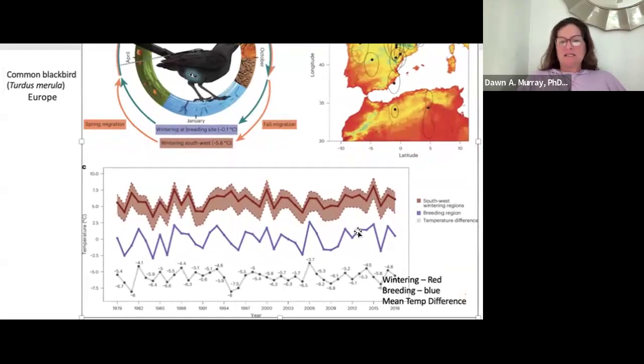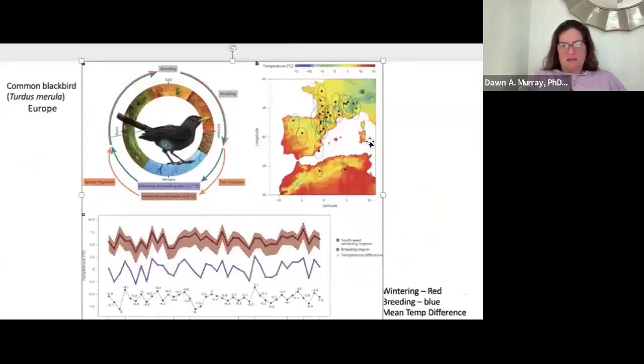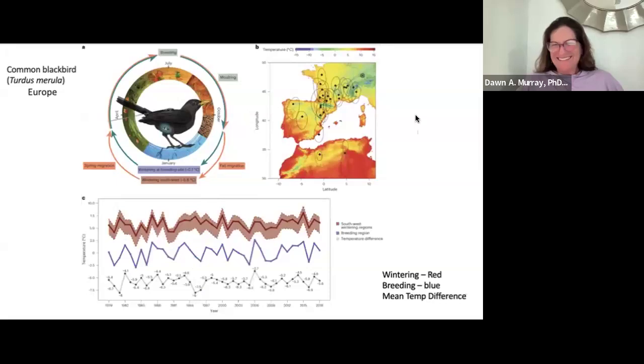And basically, you can see that at the wintering site, so this red is the wintering sites, it tended to be here in January where they were breeding. So they went to slightly warmer areas here. Here are the breeding sites in blue. Temperature was a little bit cooler. And then here's the temperature difference. I think I got that right. I need to wear my better glasses.